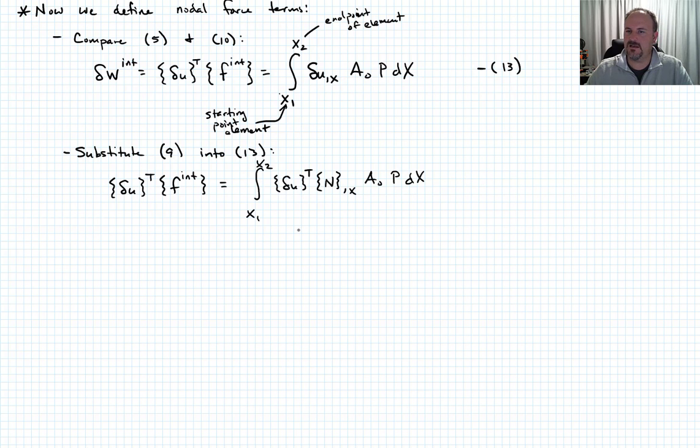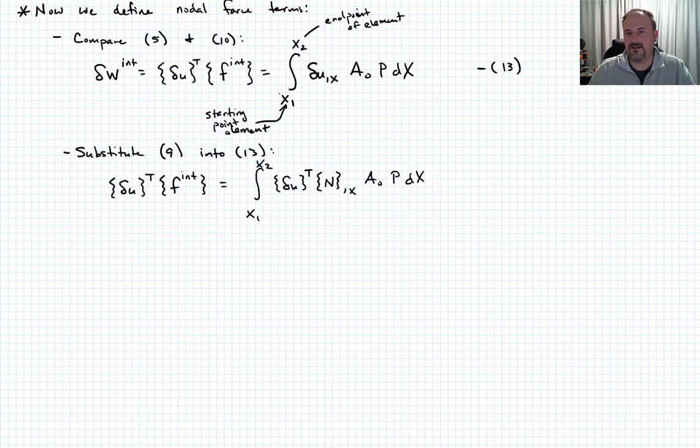Okay? A couple things that I need to point out here. I remember that when I wrote n transpose times delta U, that's just a dot product that gives me a scalar quantity. I can equivalently write delta U transpose times n and get the same scalar quantity. I did that so that I could easily make the comparison here, okay?